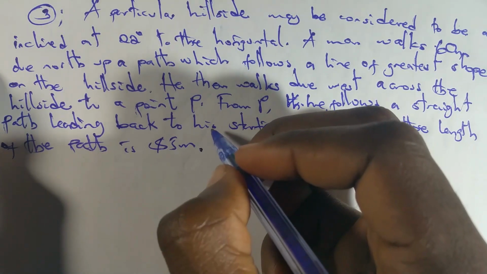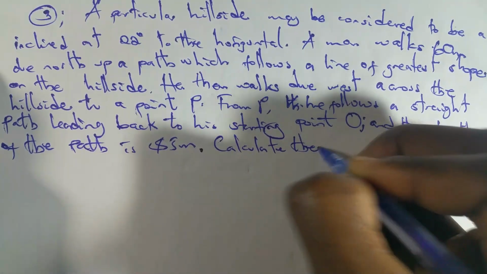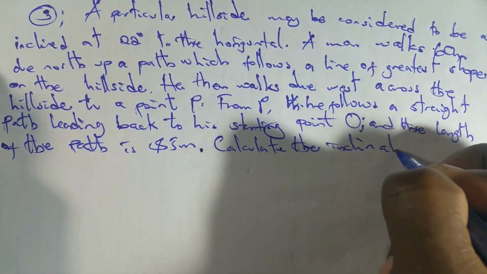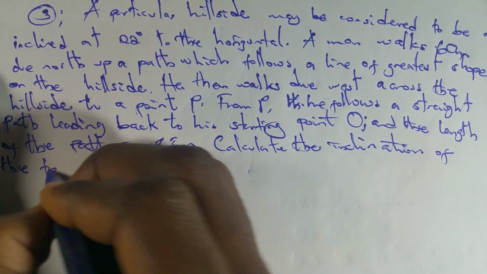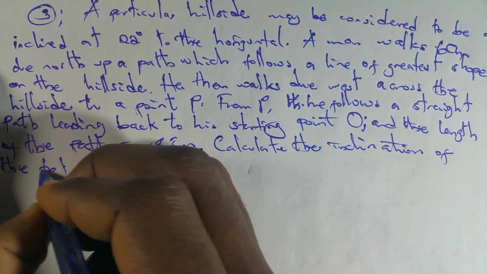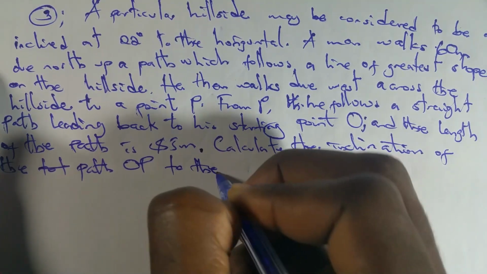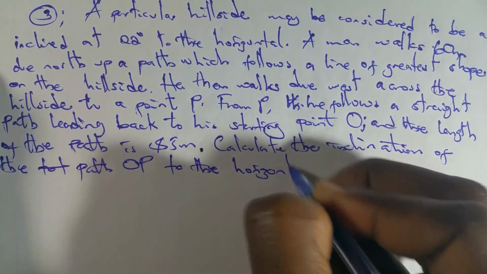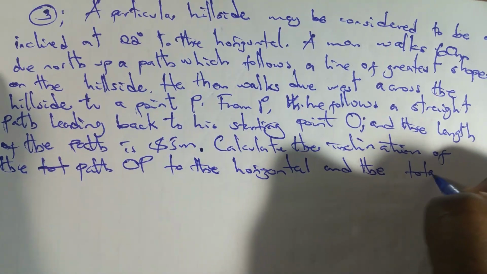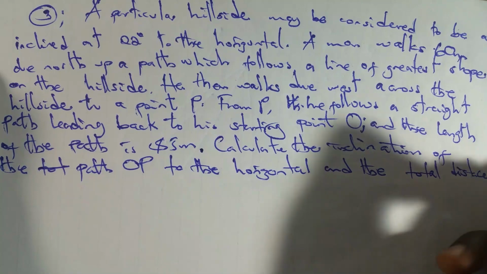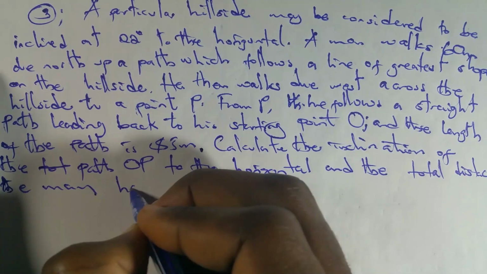They're asking us to calculate the inclination of the path OP to the horizontal, and the total distance the man has covered.